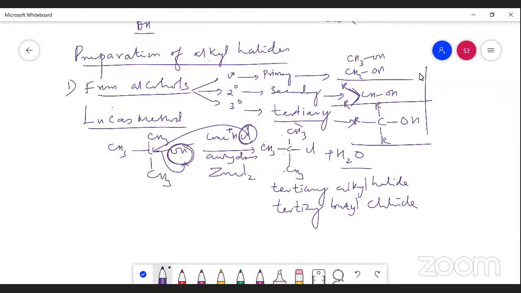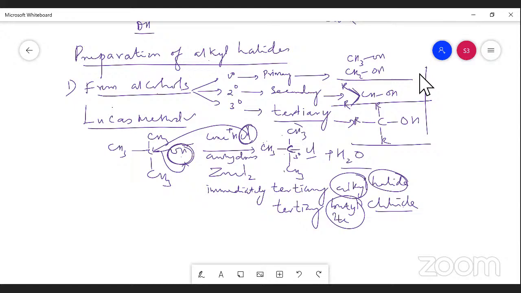Tertiary butyl, you see, alkyl. What kind of alkyl? Four carbons, which is called butyl. Halide means what? What halide is here? Chlorine, so chloride. Tertiary is the common name because this carbon is called the tertiary carbon. Now, this is the simple method using Lucas reagent. This reaction takes place immediately. Now, you take the reactions.